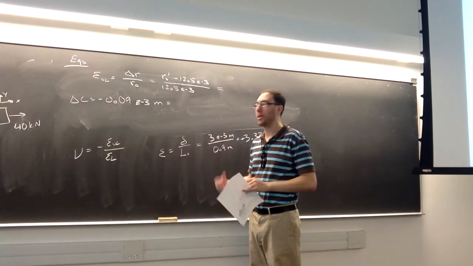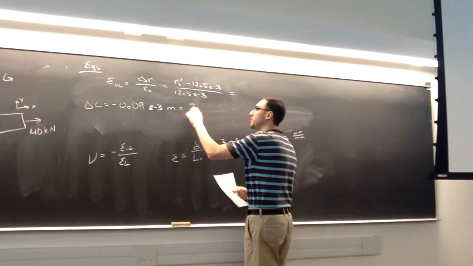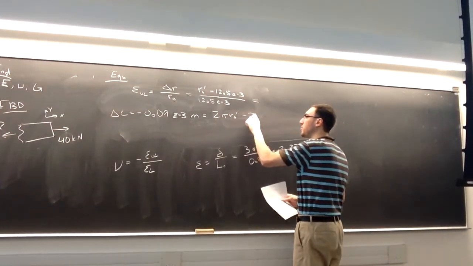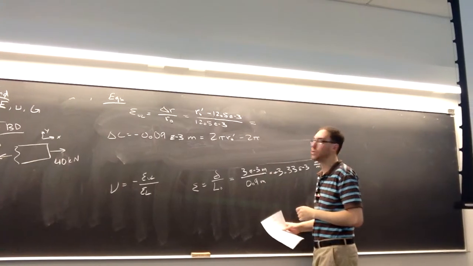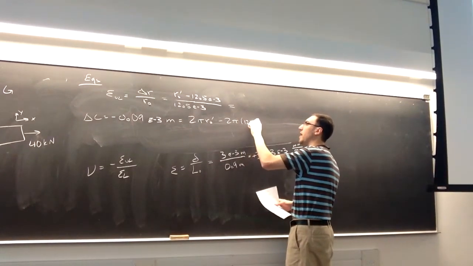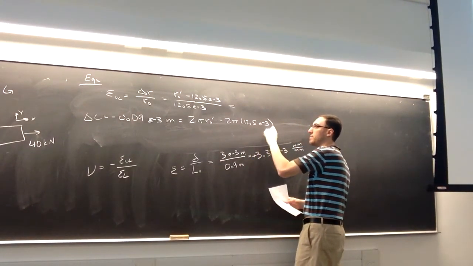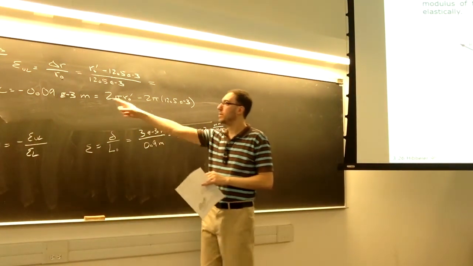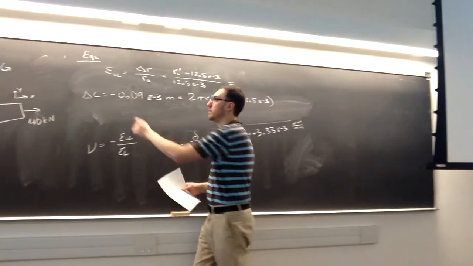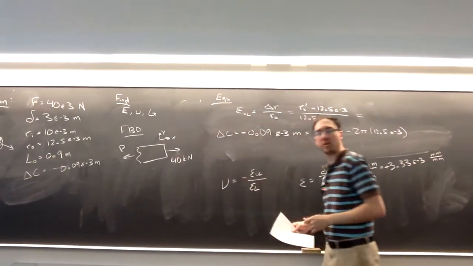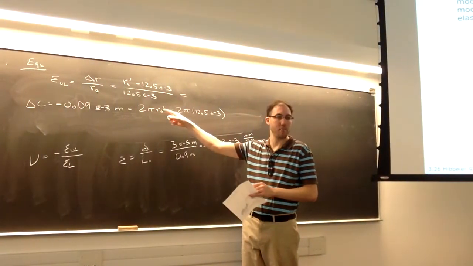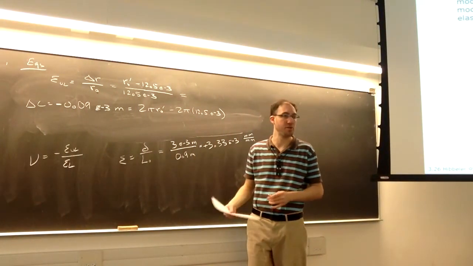So that's going to be the new circumference, 2 pi r prime, as I'll call it, minus 2 pi times the original radius, which was 12.5 times 10 to the negative third. The only thing I don't know is r prime. I'll make this negative: the circumference decreases, therefore the new outside radius is smaller than the original outside radius.